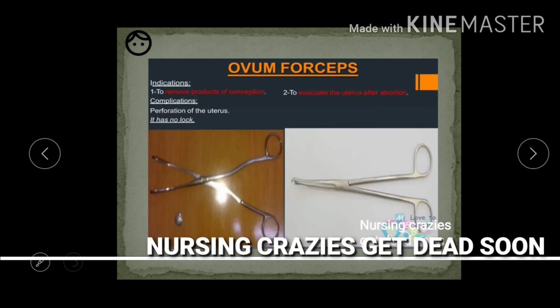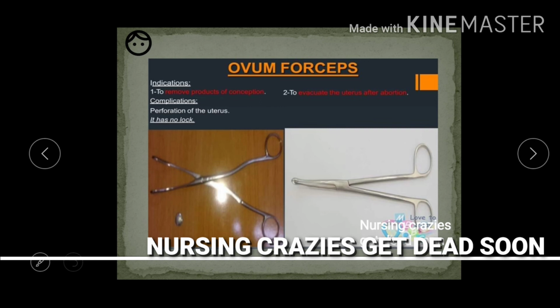Then the next one is ovum forceps. What are the indications of this ovum forceps? The indication is to remove products of conception, after an abortion, or retained bits of conceptus, which is one of the causes of PPH. In that condition we take out the conceptus with the help of this forceps. Secondly, to evacuate the uterus after abortion.